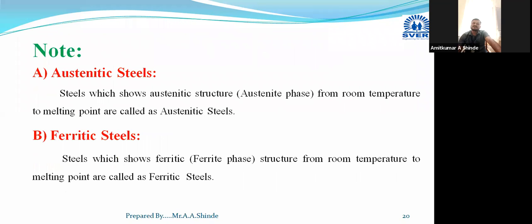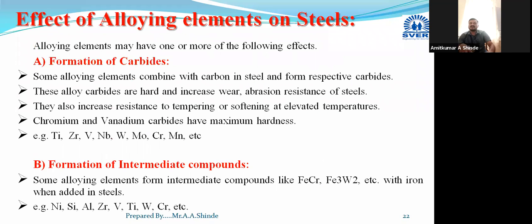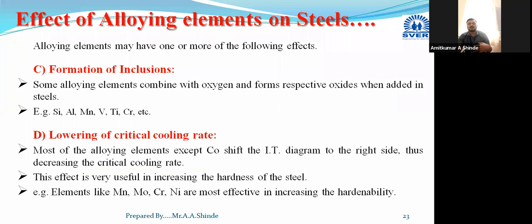Then we have discussed what is the meaning of austenitic steel and ferritic steel, and we have discussed the general effects of alloying elements on the properties of steel. General effects are formation of the carbides, formation of intermediate compounds, formation of inclusions, then lowering of the critical cooling rate.